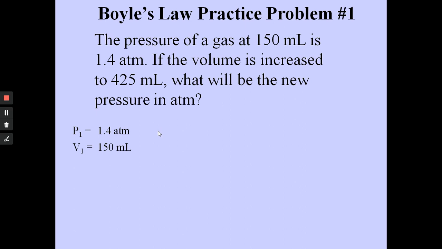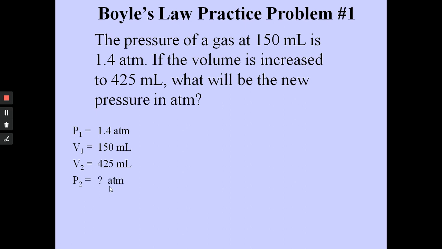So I'm going to label this V2, the volume for the second condition, which is 425 milliliter. Now I'm asking what will be the new pressure in atm. I'm asking for the new pressure, which I'm going to label P2.